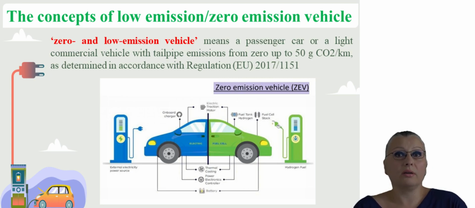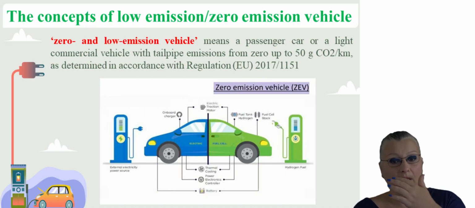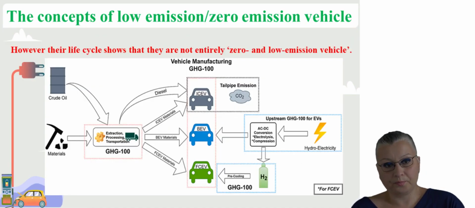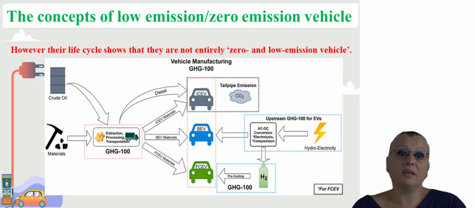The electric vehicle has zero emissions, and the fuel cell electric vehicle only has water as a residual tailpipe emission. However, their life cycle shows that they are not entirely zero emission vehicles. And why are we saying that? It is because for their manufacture it is considered that they pollute.